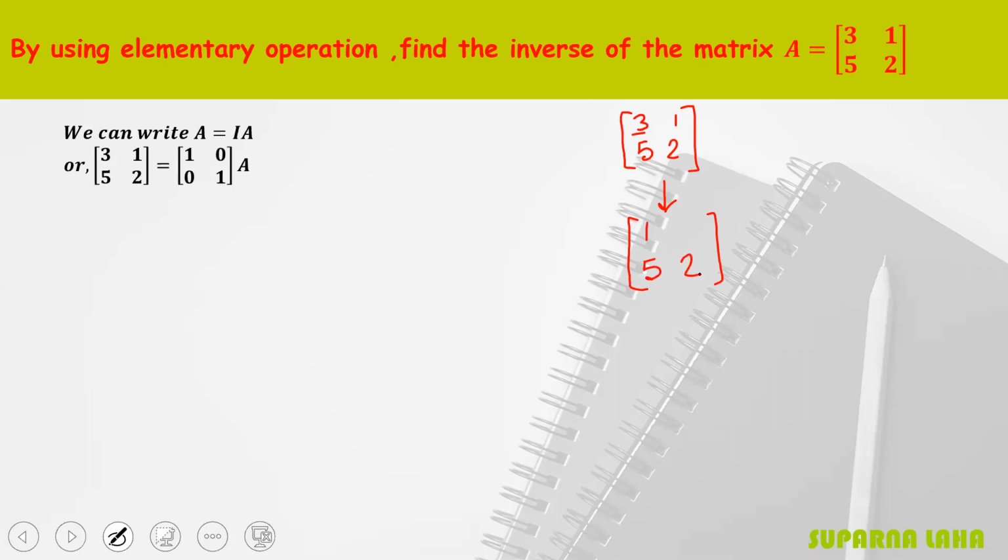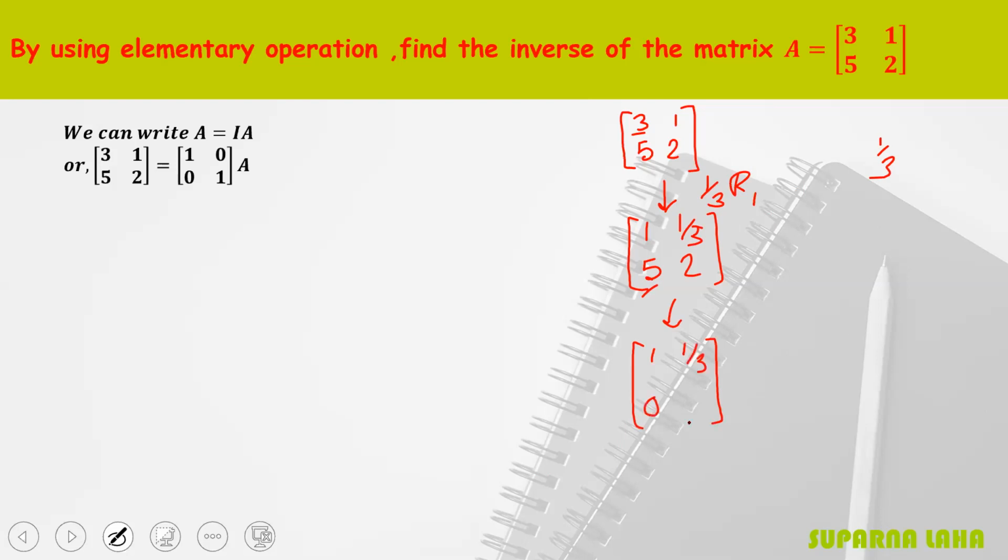Then how could I make this 3 into 1? If I divide this row by 3, I can find this value is 1. So in this place, we have to write 1 upon 3. Now I have to make this 5 into 0 in our next matrix. That is 1 upon 3, and this is 0.